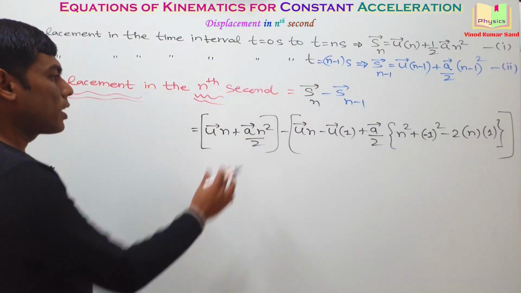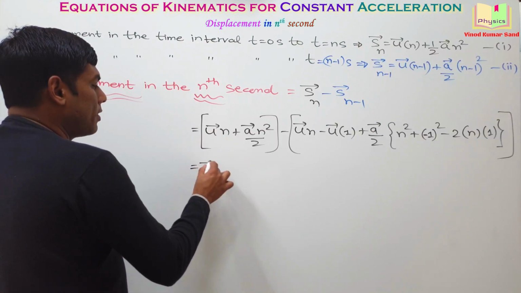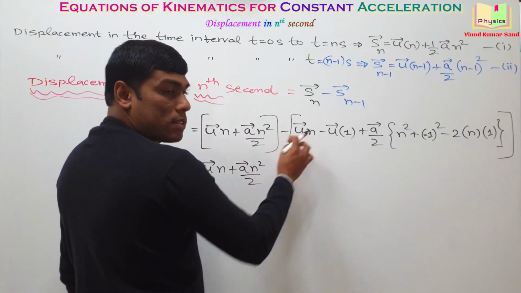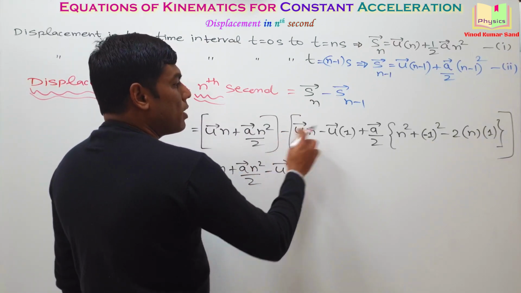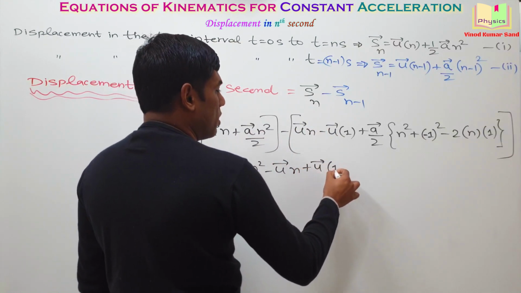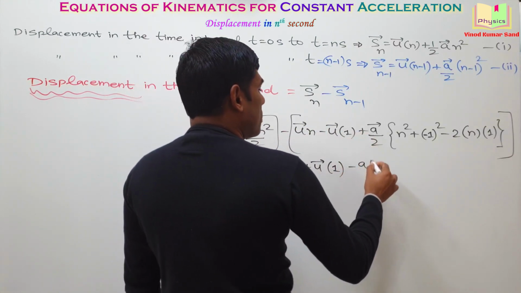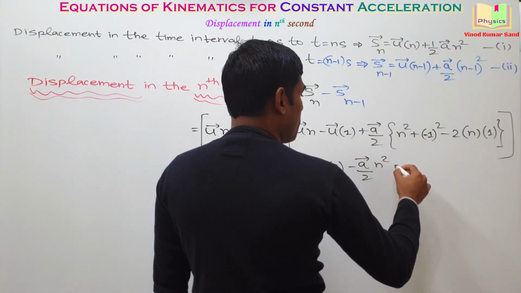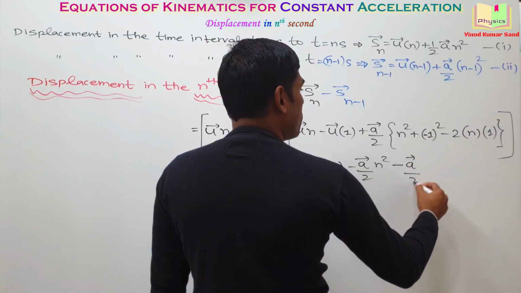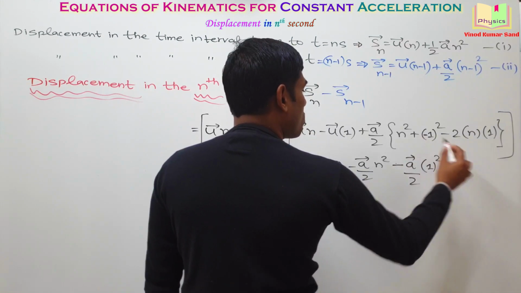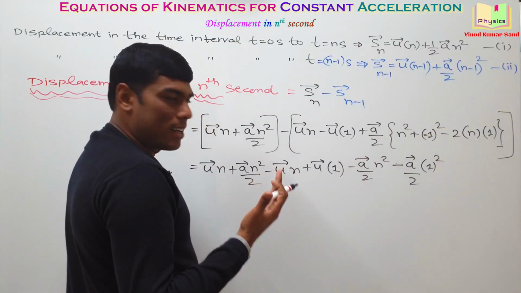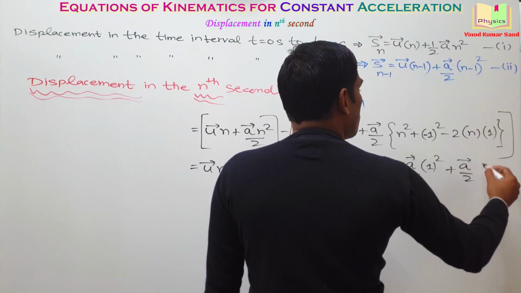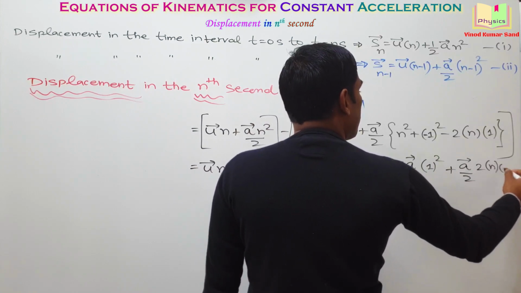Simple computation. Let us simplify the things here. Un plus an square by 2, taking this minus sign here, so minus un, this will become plus u into 1, minus a by 2 n square, this will become minus a by 2 into 1 square, and 1 square and 1 square, they are the same thing actually, plus a by 2 into n into 1.